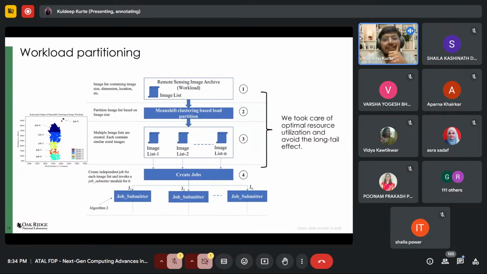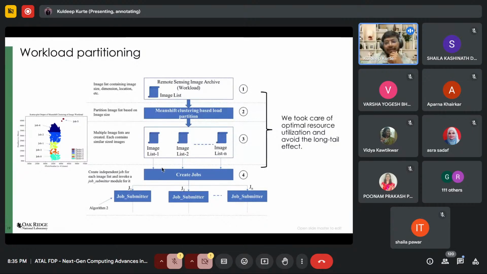So now we know that we had the image list. In the second stage, we group or partition the data, and then we created these independent lists. Since each partition is independent, we can create different independent jobs that will take care of the execution of all the images that belong to that particular partition.